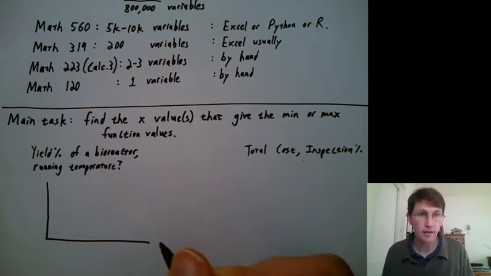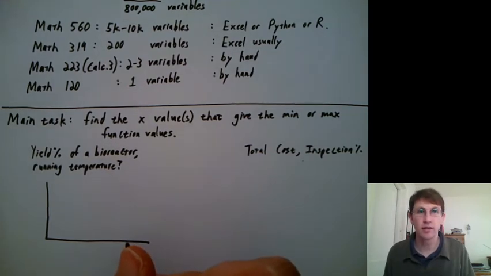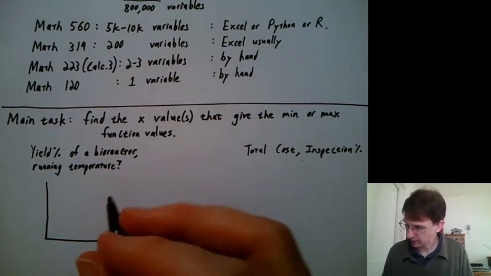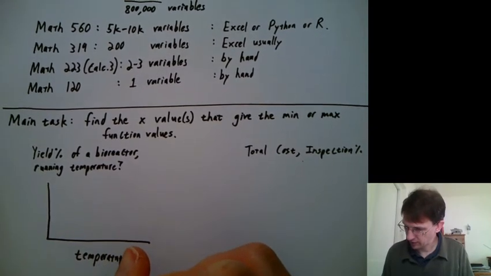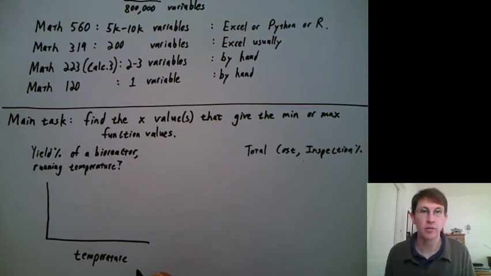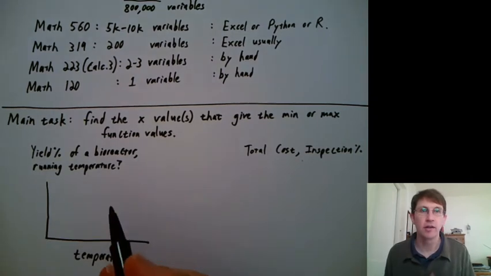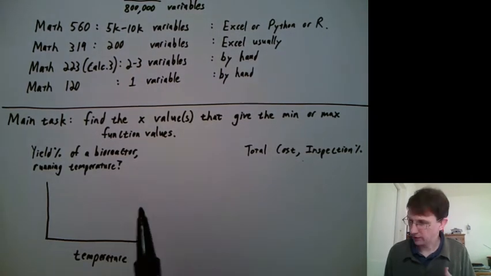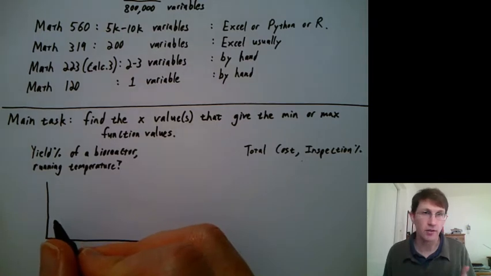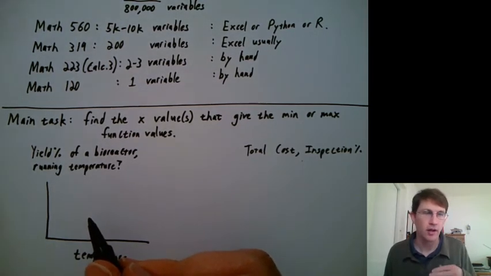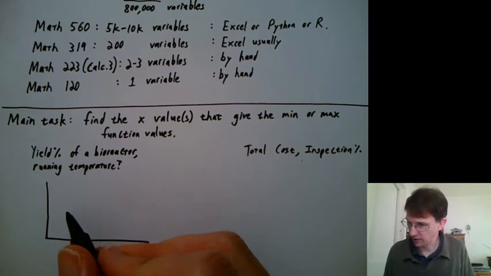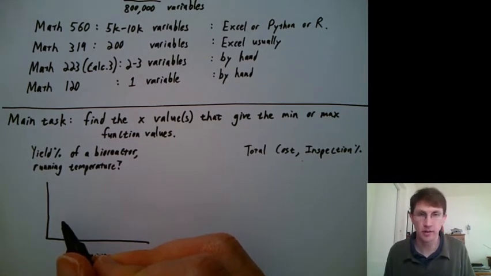So usually anything that you can directly control, you're going to put on the x-axis. So if we've got heaters and coolers, we can control the temperature, and we're hoping to get a good yield. Well, if the temperature is too low, I'm not sure the exact biology here, but you can imagine your yeast or bacteria aren't going to be able to do very much for you. They'll just be hibernating or whatever the equivalent is.